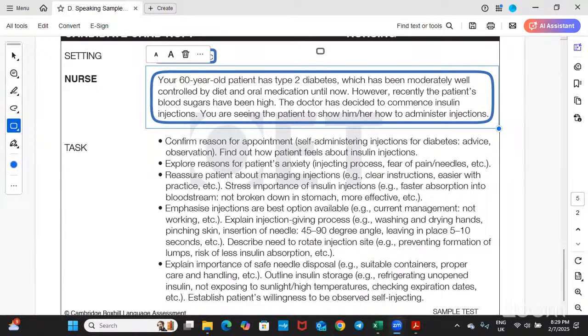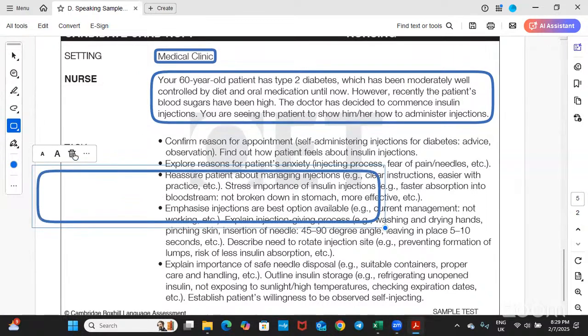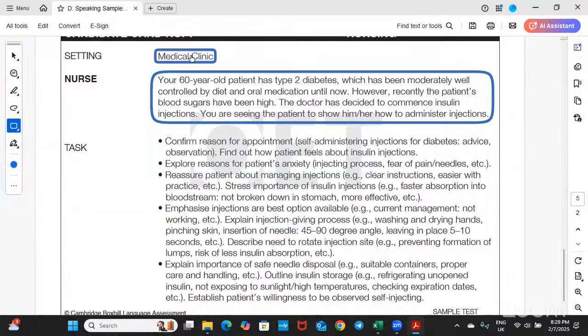It's impossible. Will not happen every day. So now the nurse is going to explain. So the setting is the medical clinic.